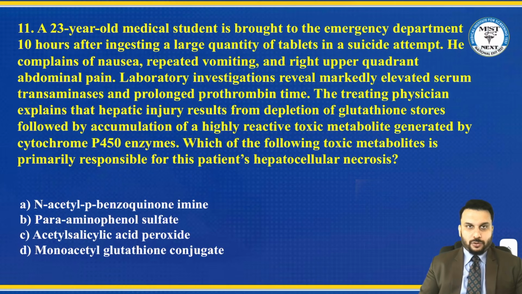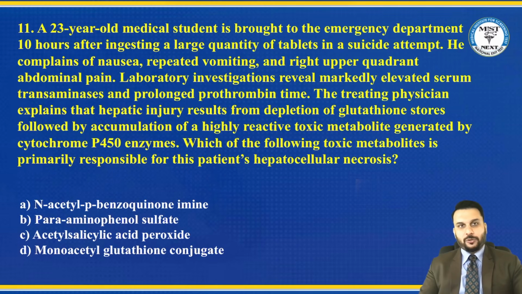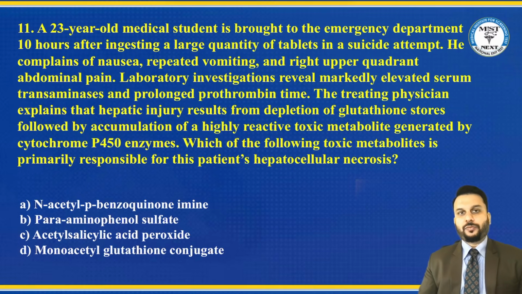Next, doctors, a 23-year-old medical student is brought to the emergency department 10 hours after ingesting a large quantity of tablets in a suicide attempt. He complains of nausea, repeated vomiting, and right upper quadrant abdominal pain. Lab investigations reveal markedly elevated serum transaminases and prolonged prothrombin time.